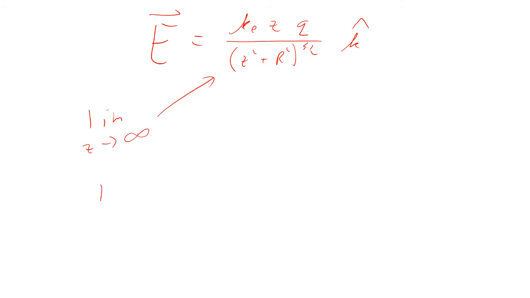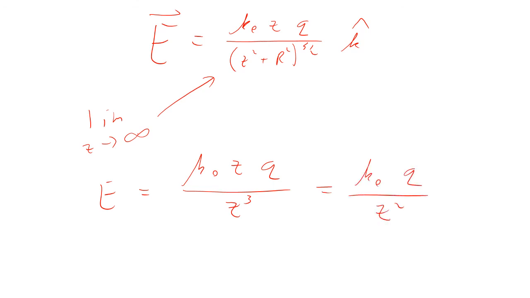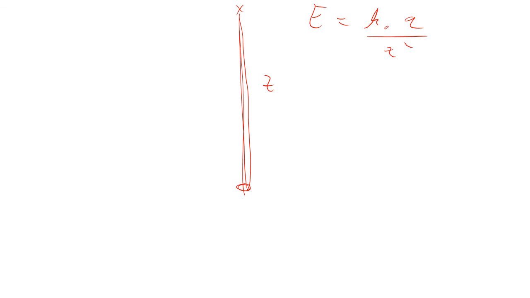And so this becomes k sub b z q over z cubed, which is just k sub b q over z squared. So if you are way up here, a really long way from it, the electric field is going to be kq over z squared. Well, wait a minute.